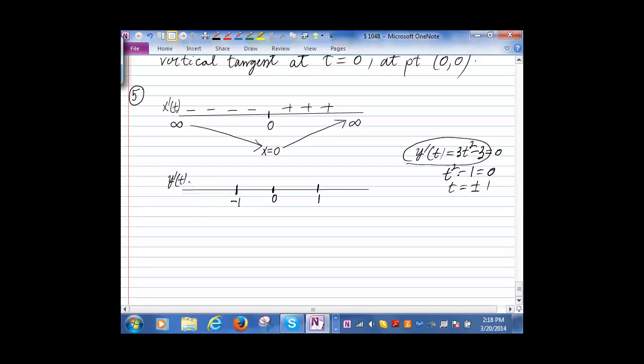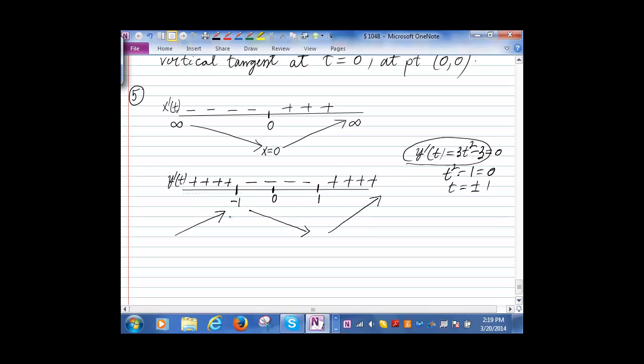Positive. So it's positive here. And then if I plug in a number between negative 1 and 1, suitably 0, I get negative. So the derivative is negative here. If I plug in 2, I get 3 times 2 squared minus 3, so that's positive again. So for y, we know that it's increasing here up to this point, decreasing up to 1, and then increasing back.